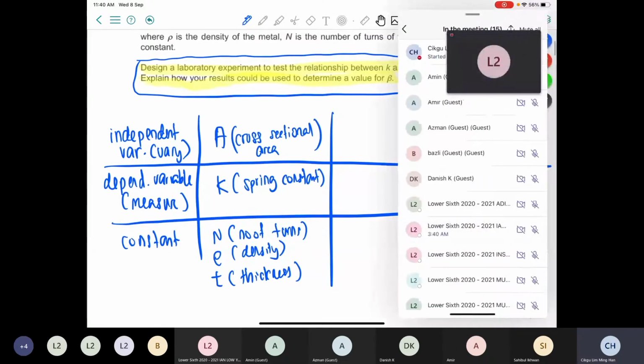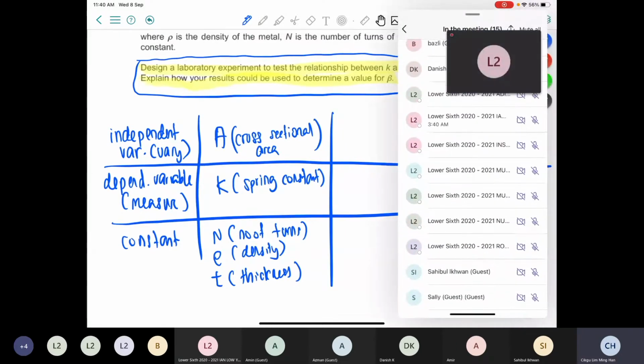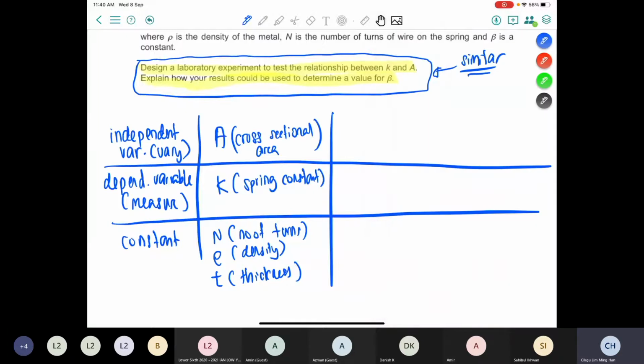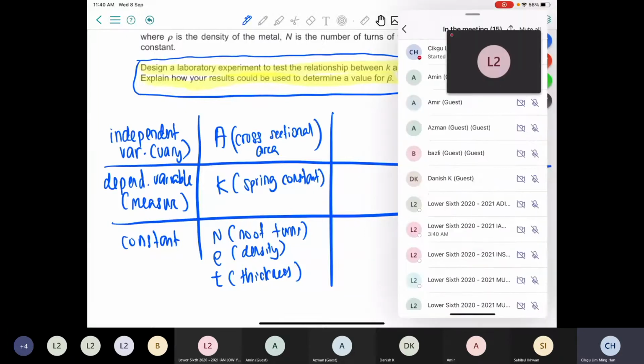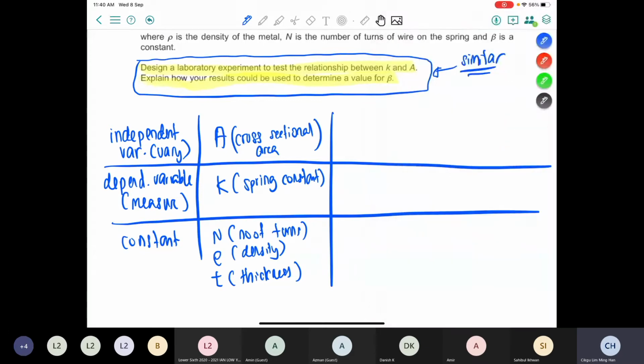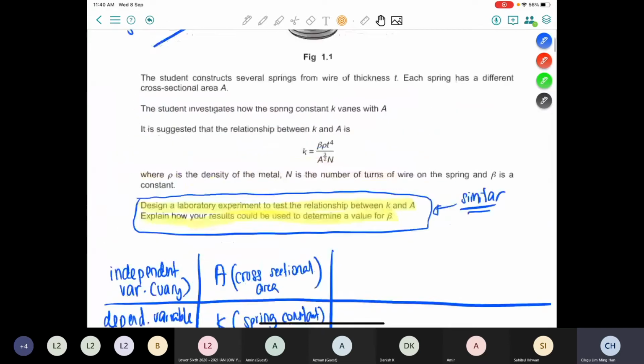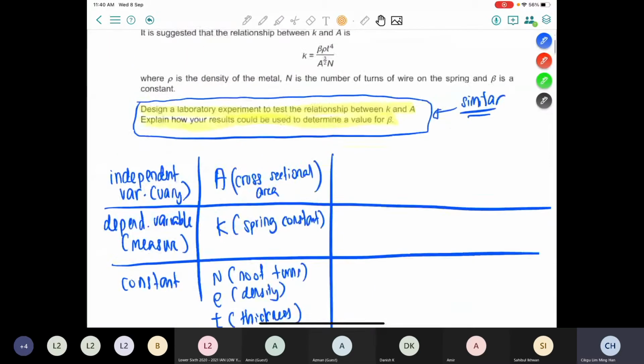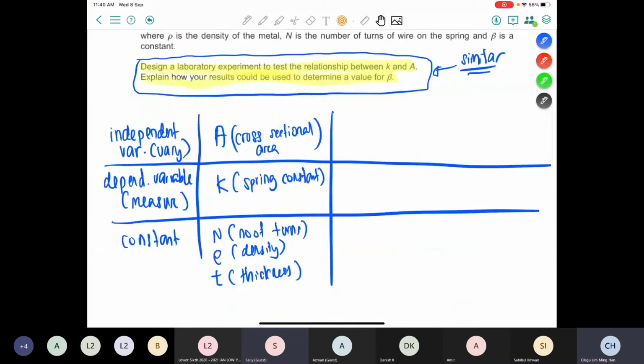So I'd like to ask somebody at the bottom now. Sally. Is Sally here? Yes. Sally, can you hear me? Yes. Sally, can you explain these two? How can you find out the cross-sectional area and the spring constant? For cross-sectional area, measure the diameter using probably a vernier caliper.